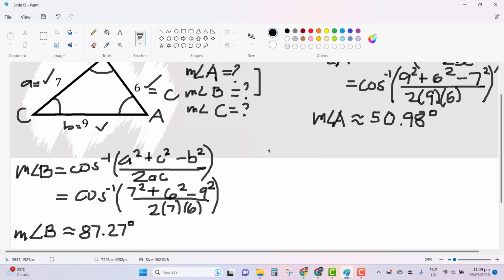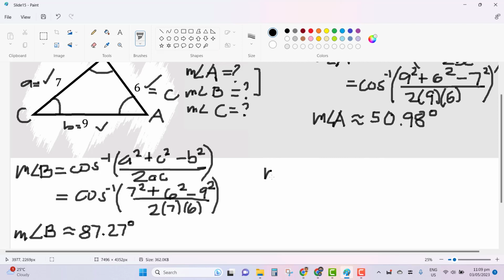Again, you could use a version of this formula in solving for the remaining angle C, but there might be, I'm not saying it would happen in this example, some instances where, when you're done solving for the measurement of angle C and you add all the measurements of all angles, it may either be more than or less than 180 degrees, and that fails the triangle angle sum theorem.